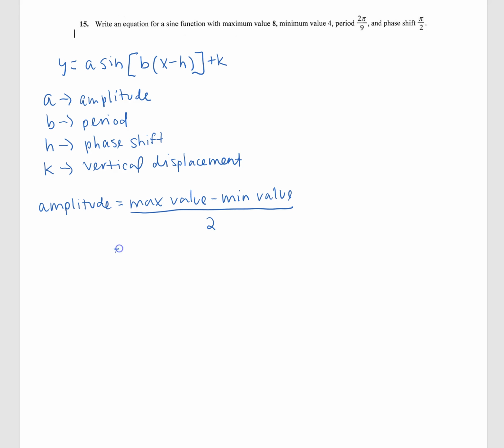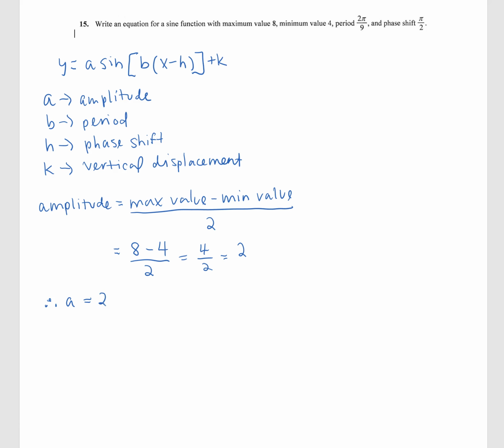Plugging in our max of 8 and min of 4: 8 minus 4 is 4, and 4 divided by 2 is 2. The normal amplitude of y = sin x is 1, so we've multiplied that normal amplitude by a factor of 2, and therefore a is equal to 2.